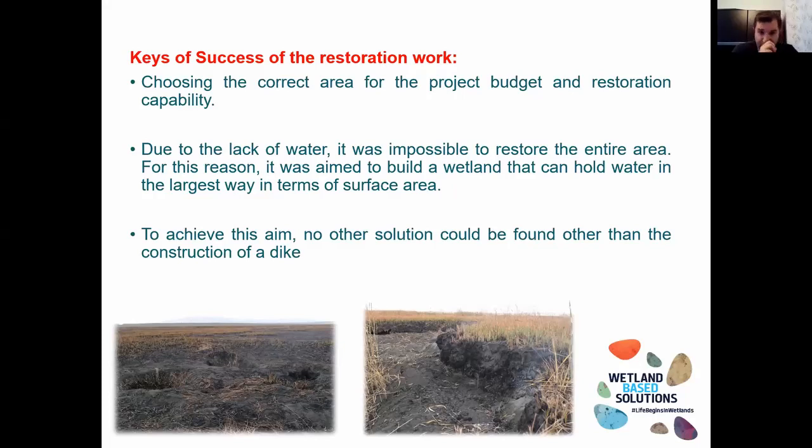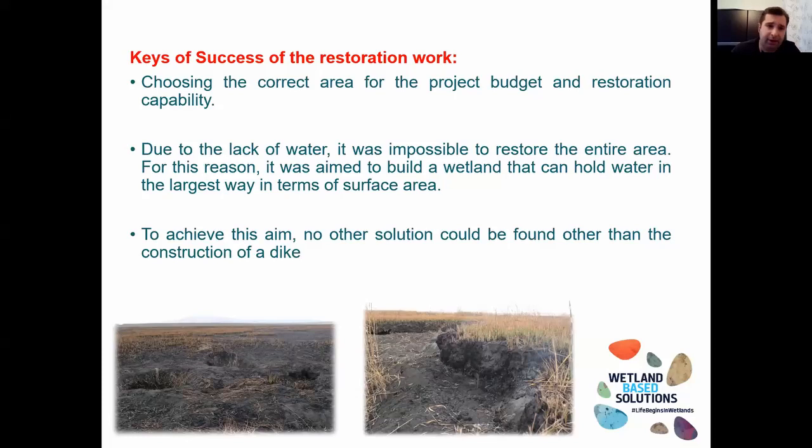Also, during the restoration, due to the lack of water, it was impossible to restore the entire area. For this reason, we aimed to build a wetland that can hold water over the largest possible surface area. So our aim was not to restore all the wetland, because it was impossible, but to restore as big an area as possible.